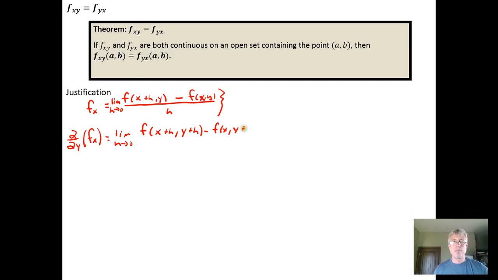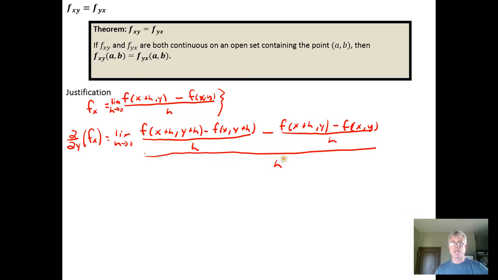And then this is all over h, and then it's a difference quotient, so it's minus the function itself, f of x plus h comma y minus f of x y all over h. We take this difference all over h, and we're taking this difference as h goes to 0.